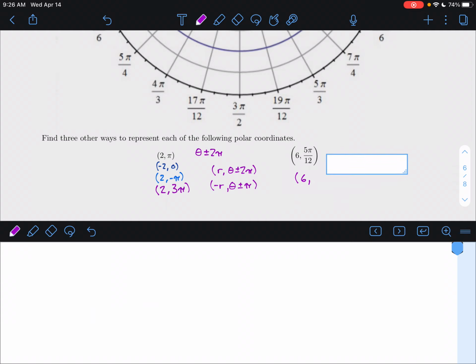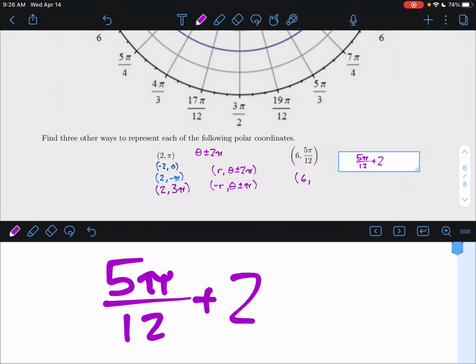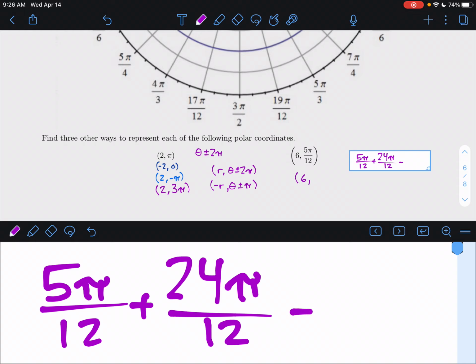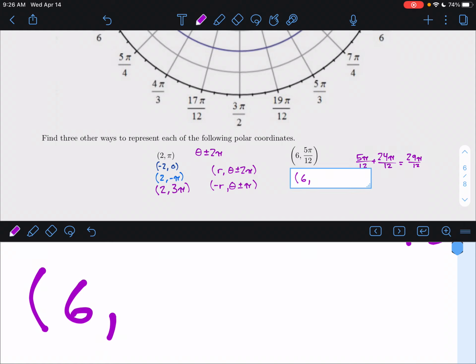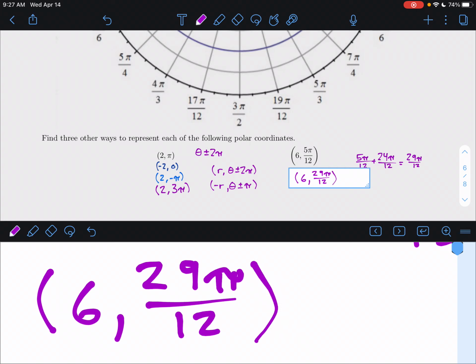So 5 pi over 12 plus 2 pi. Well, 2 pi I can rewrite as 24 pi over 12, because 24 over 12 is 2. And 5 plus 24 is 29 pi over 12. So (6, 29 pi over 12) is one way to rewrite this polar point.